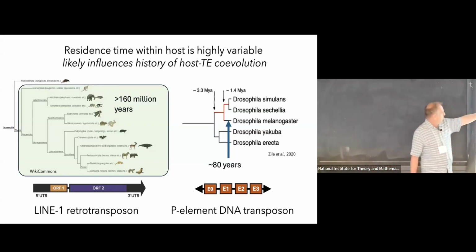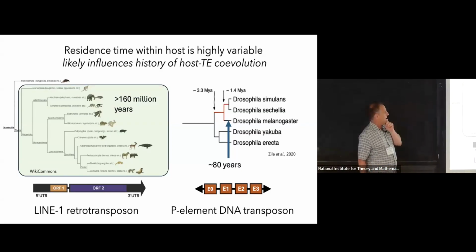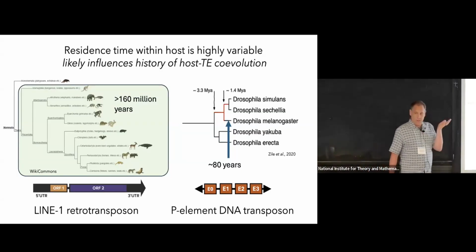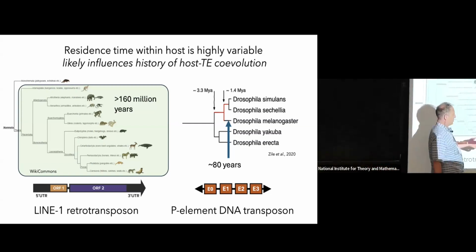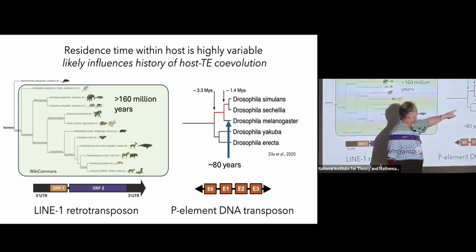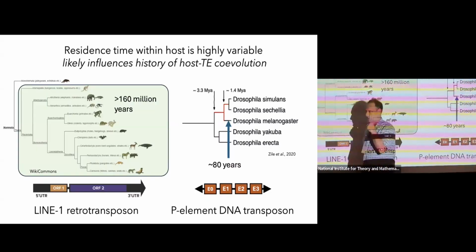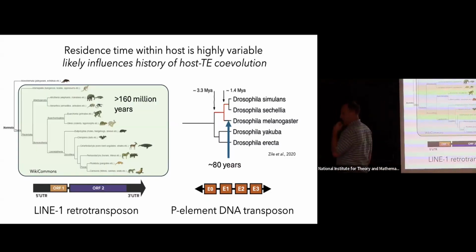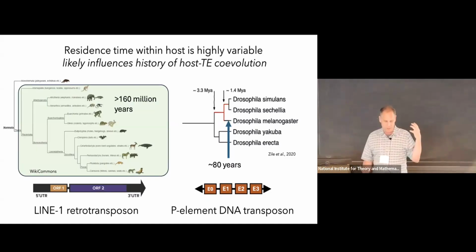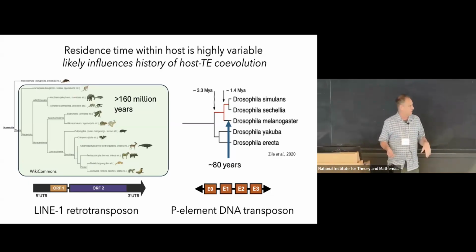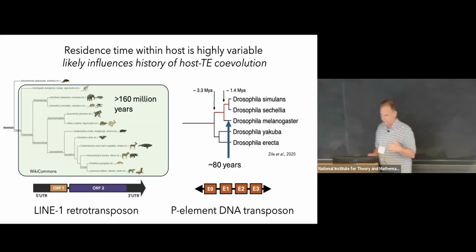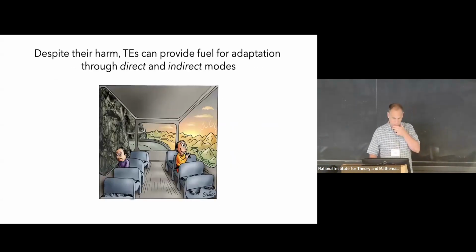But other types of transposable elements are kind of like a flash in the pan. The P element transposon probably invaded Drosophila melanogaster only about 100 years ago. The duration for which these things are retained in genomes is interesting to think about, as is the degree to which they may have co-evolved with their hosts.